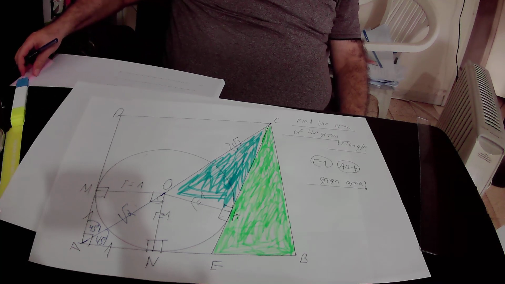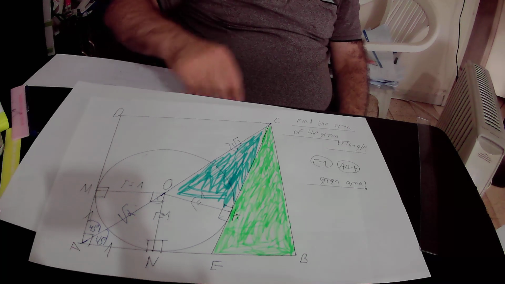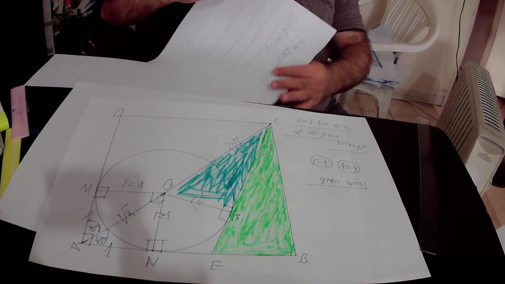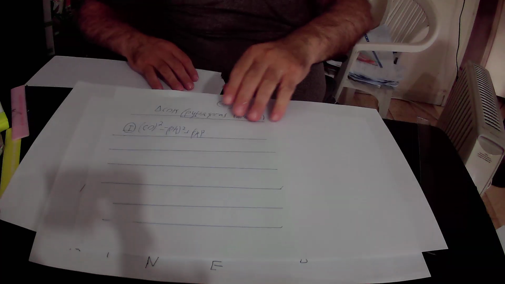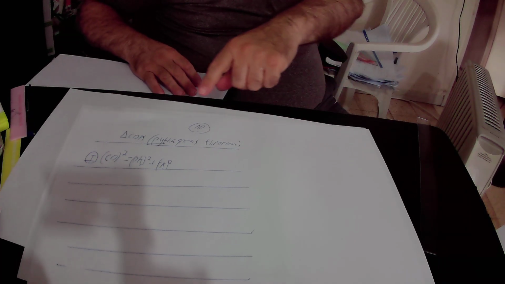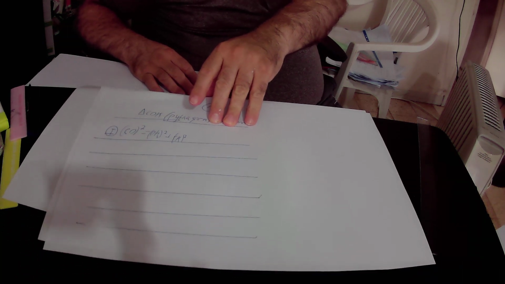So I will repeat again. In the right blue triangle COK, according to the Pythagoras theorem, CO squared equals OK squared plus CK squared.